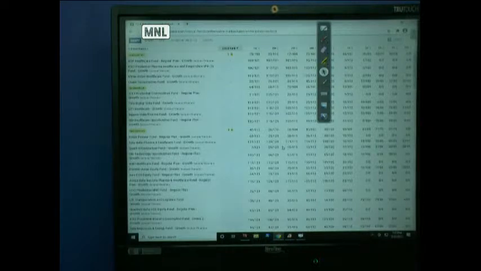So there we can look at, let's look at ICICI Prudential MNC.